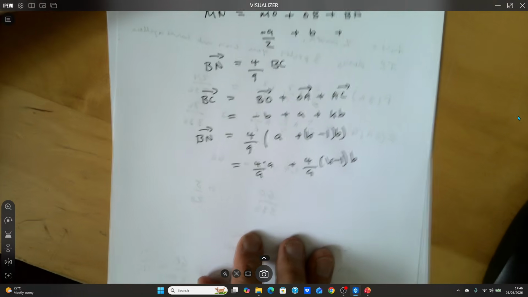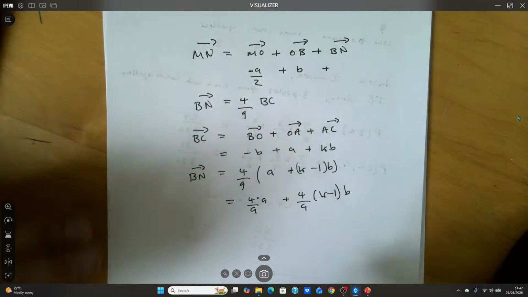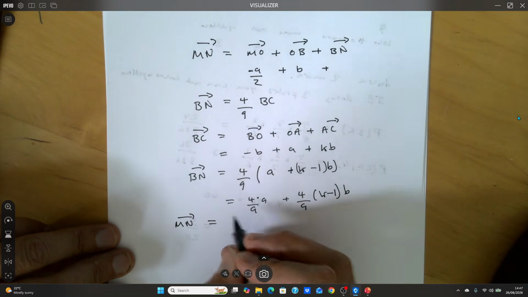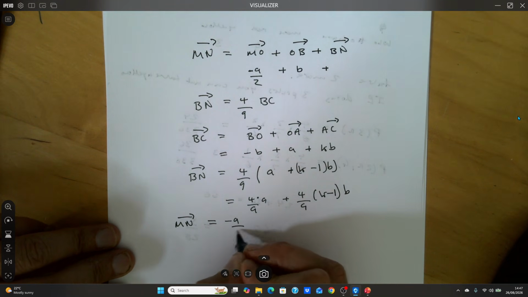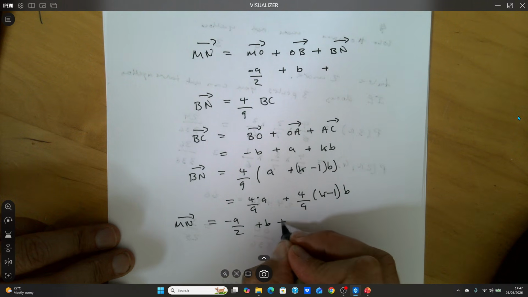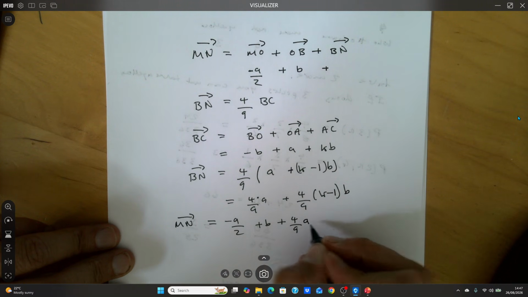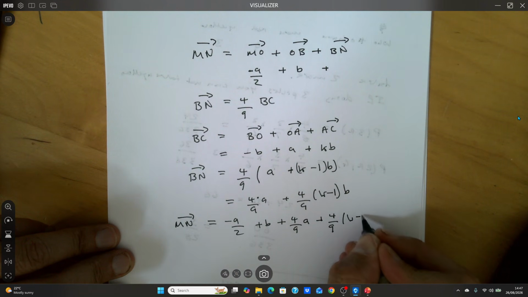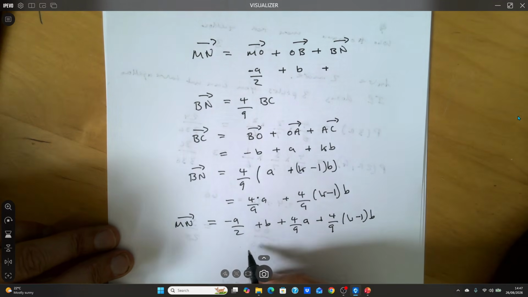So putting that back into what we'd written for MN, M to N must equal... we tidy that up.